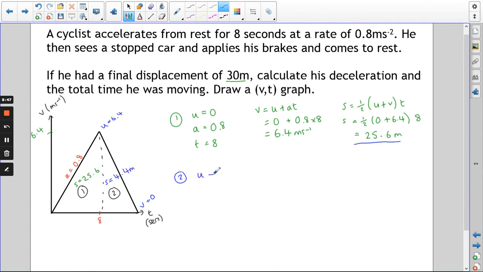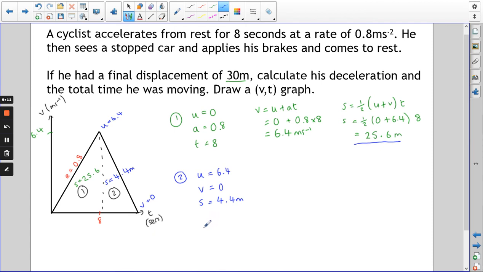Okay, so listing what we know then, U is 6.4, V is 0 and S is 4.4. He stopped quite quickly, I mean, as you would if you're about to cycle into the back of a car, I suppose.